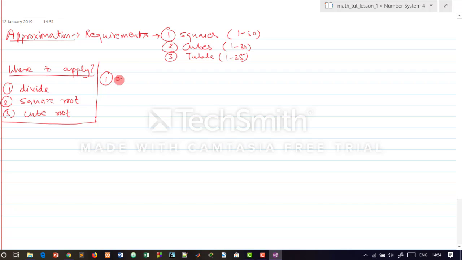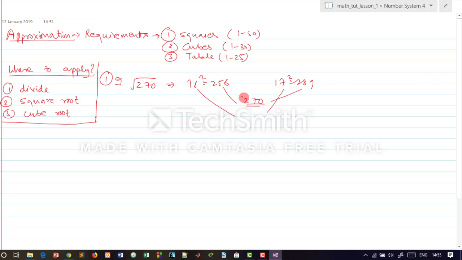Let's take the example of the square root of 270. We know that 16 squared is 256, 17 squared is 289, and the number 270 lies between 256 and 289. So the square root of the given number definitely lies between 16 and 17.